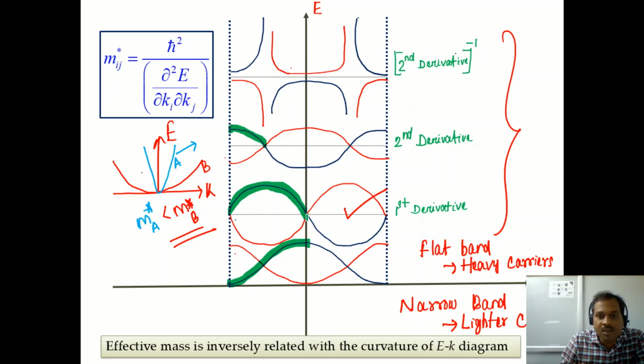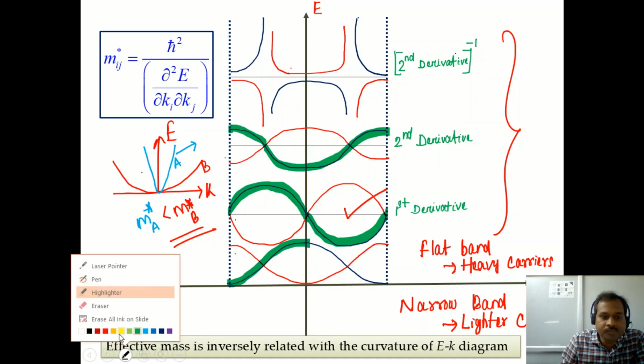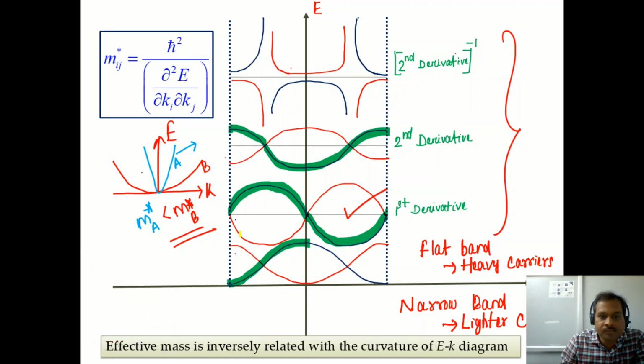Similarly, we can plot the other half of this. So for the other band, you can see the same kind of mirror image can be drawn.